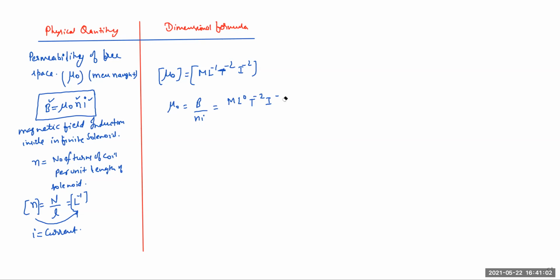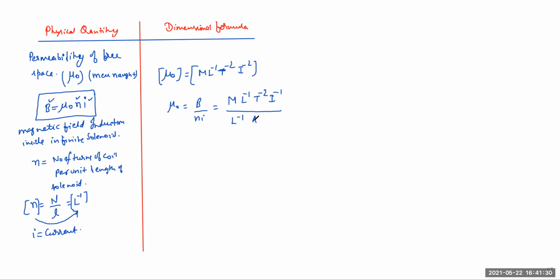So tell me guys, what was the B value in the last class? M L minus 1, T minus 2, and I minus 1. Okay, and what is n? L minus 1.